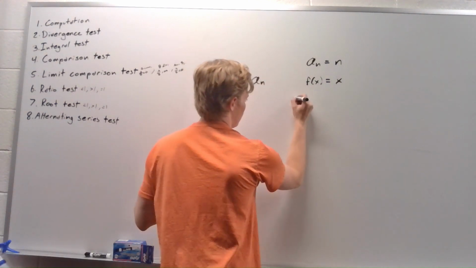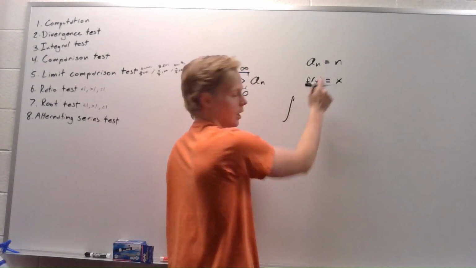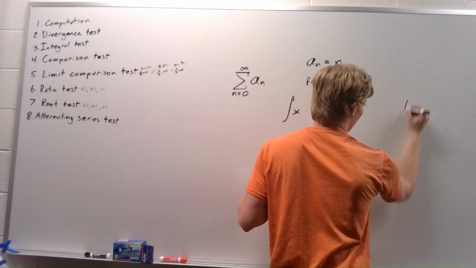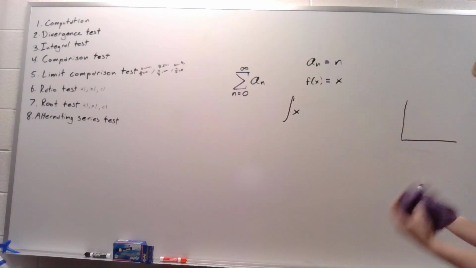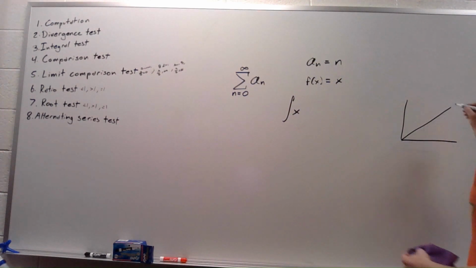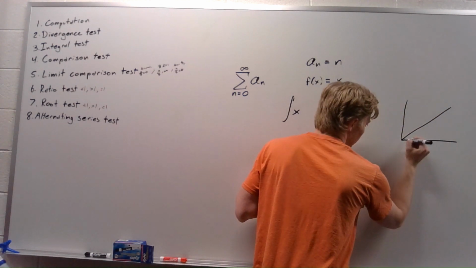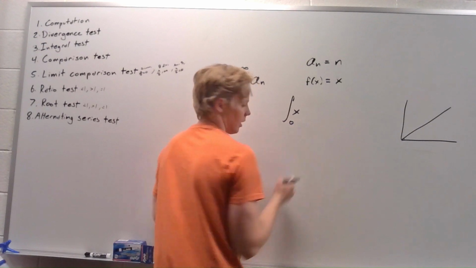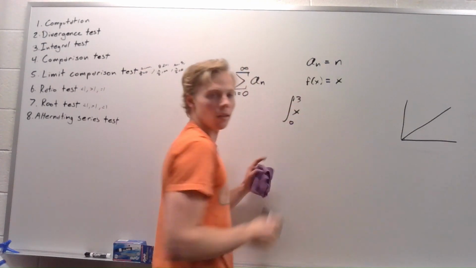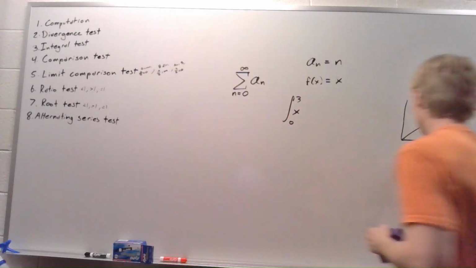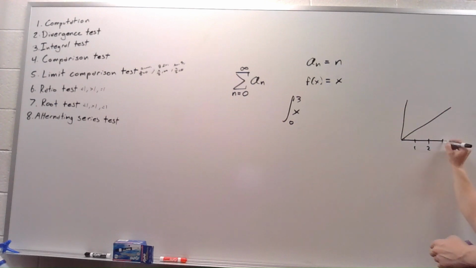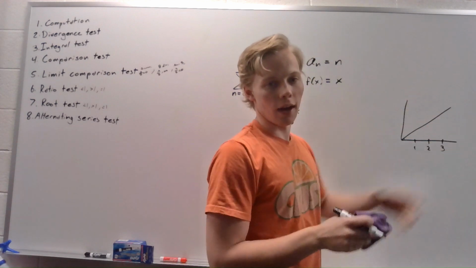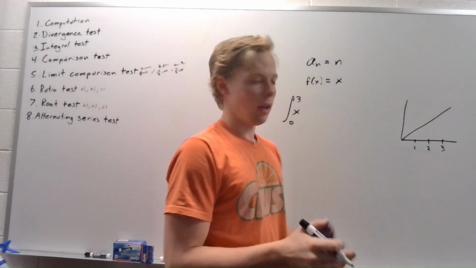So when we take the integral of this function of x, what that means is you take the graph of y equals x, and let's have our endpoints here as well. Let's say from 0 to 3. So you add up all the area under the graph y equals x.